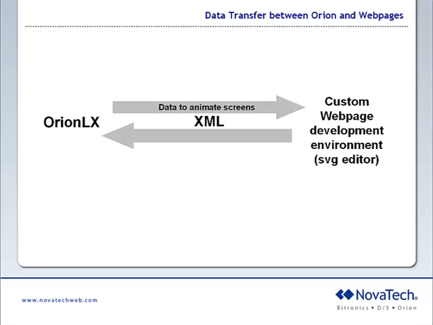You think of XML as a way of taking the data that's in the OrionLX database and using it to animate screens. The custom web page development environment is the SVG editor, and XML provides a way of moving the data into those screens, and also a way to send control commands down to control devices. We'll use the term XML a number of times in this demonstration.